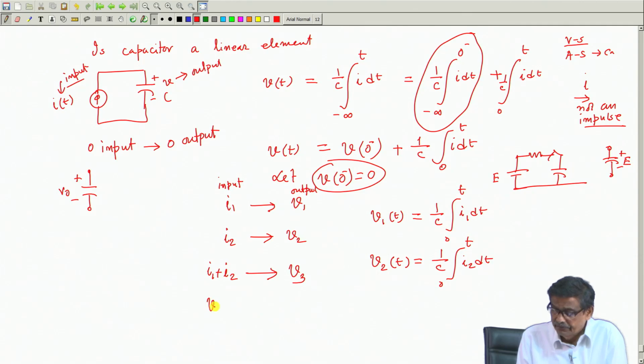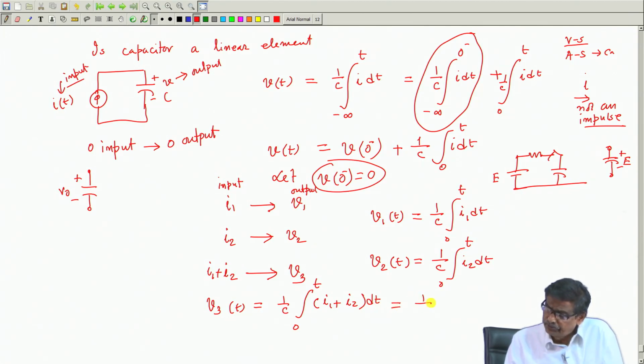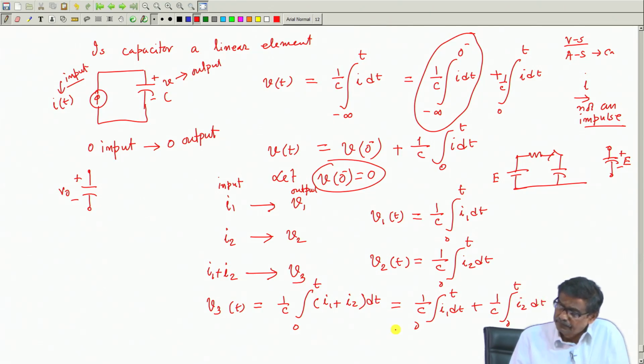Then I will write V 3 of t is equal to 1 over C integral from 0 to t, at any time t, of I 1 plus I 2 dt, and this can be broken up into these two parts, 1 by C integral from 0 to t of I 1 dt plus 1 over C integral from 0 to t of I 2 dt, is it not?